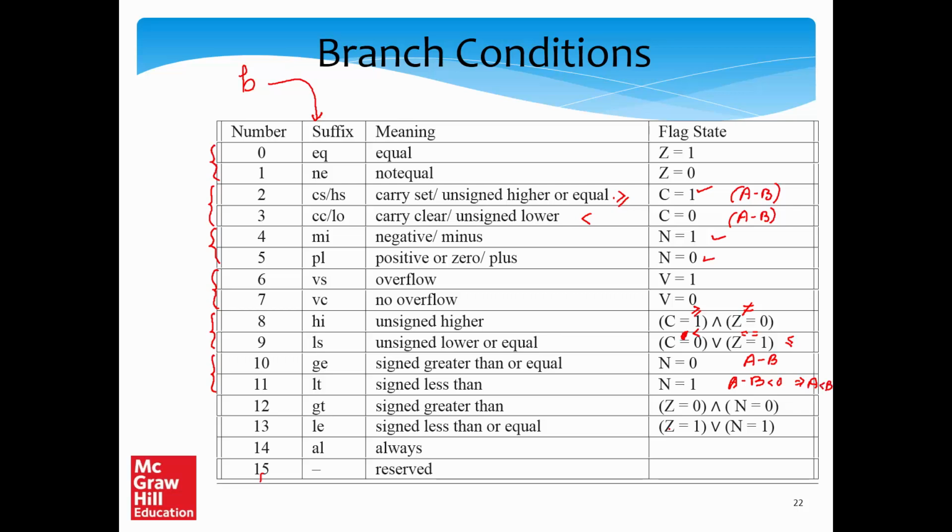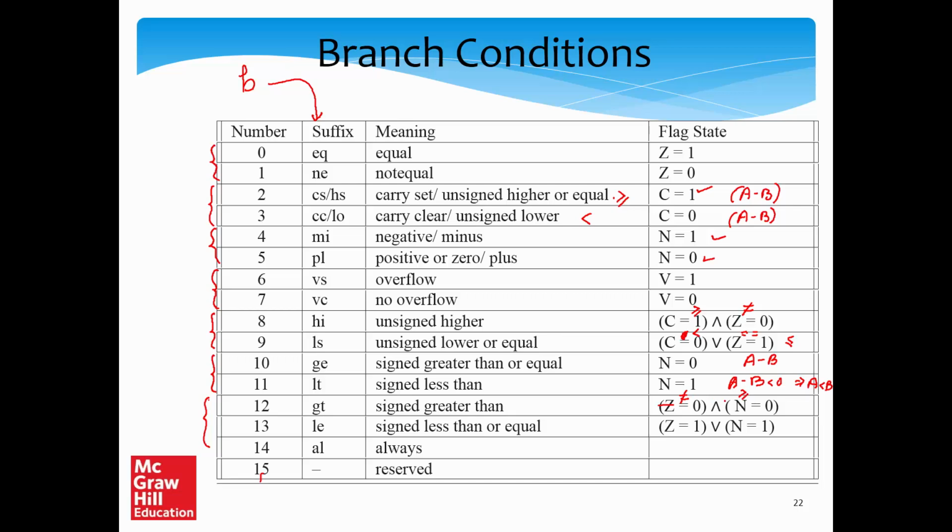Similarly, let's consider GT and LE, which are similar to the unsigned HI and LS that we introduced. GT means signed greater than. This alternatively means that the Z flag is 0, meaning the numbers are not equal, and N equals 0, which means the numbers are greater than or equal.